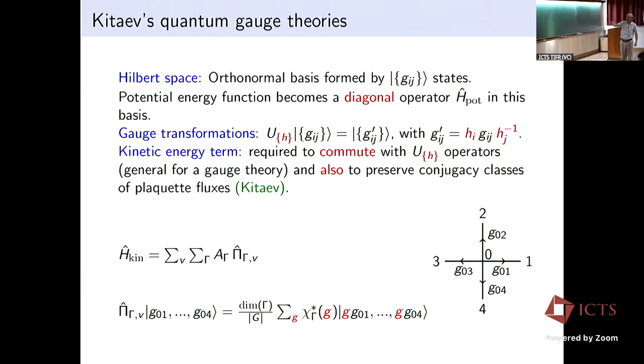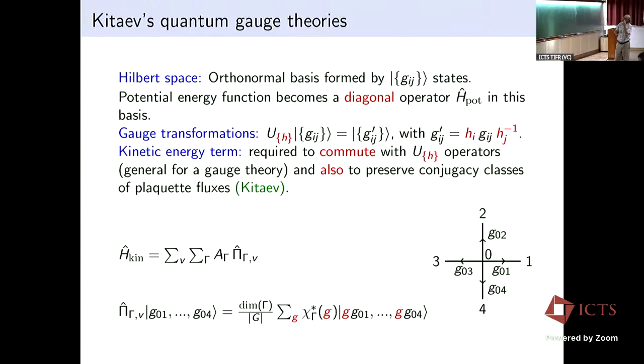So the potential energy function becomes a diagonal operator in these bases. Now, I told you about gauge transformations. Those are definitely non-diagonal, and with this choice of orthonormal bases, gauge transformations are clearly unitary operators. And the kinetic energy term, to make life interesting, has to be off-diagonal, of course.